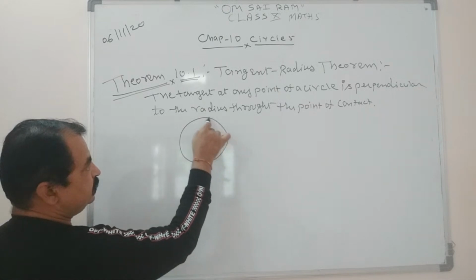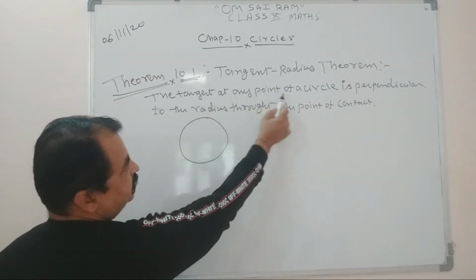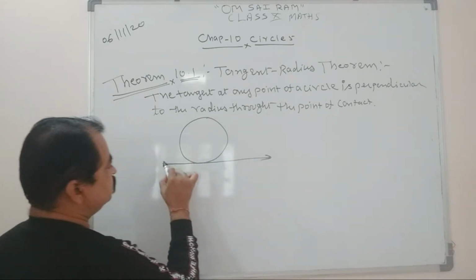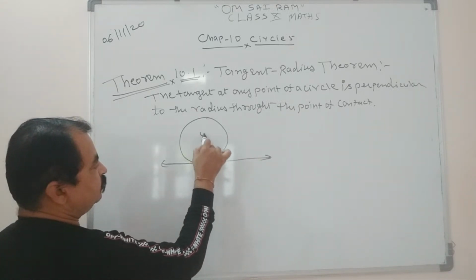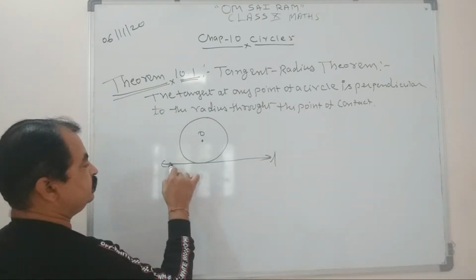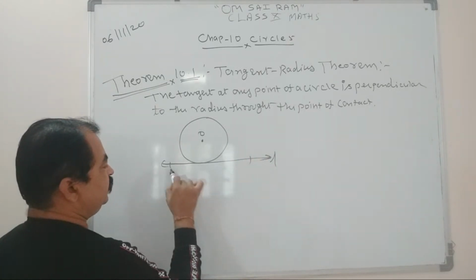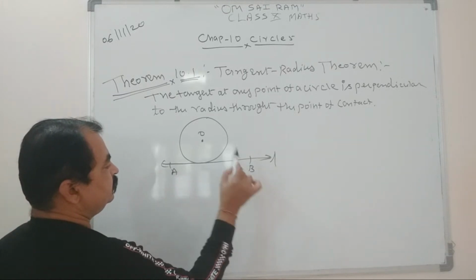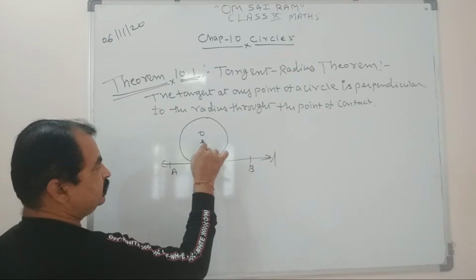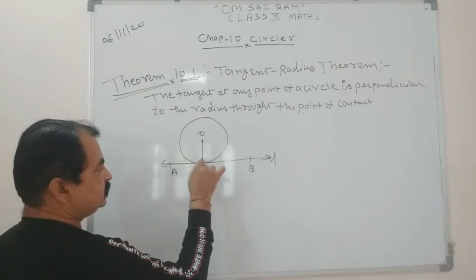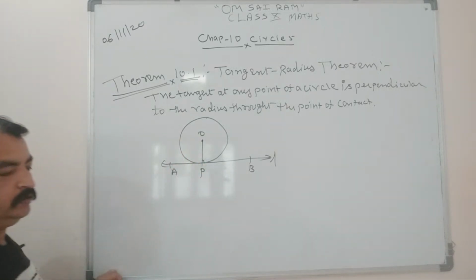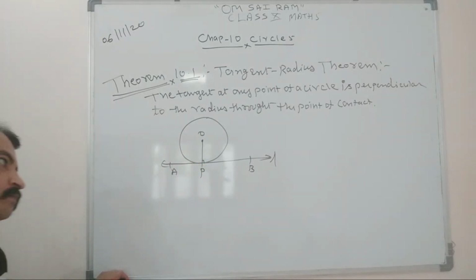This is the tangent, and this is the center O. Suppose I name the tangent AB. And this is the point P, the point of contact, and this is the radius OP, children. This we have to prove perpendicular.